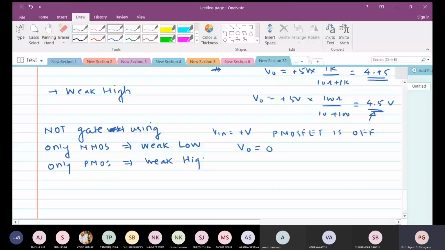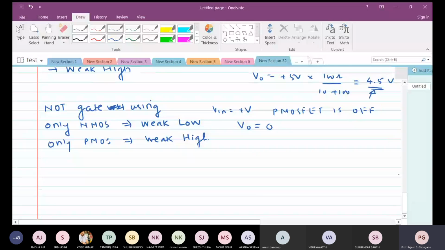So these are not very good circuits for usage in digital electronics. Again, one interesting thing to be noted is about the power dissipation.